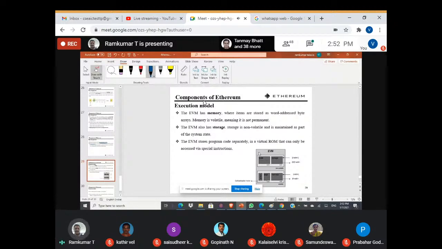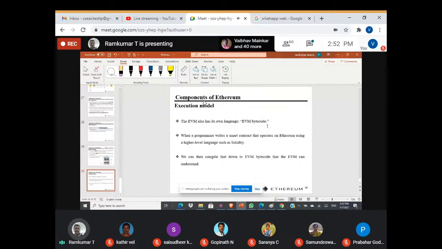Whatever process Ethereum performs is managed by the Ethereum Virtual Machine for us. The EVM has its own code in its own language, which we call EVM bytecode, and I will show that in tomorrow's class. So this is my part.